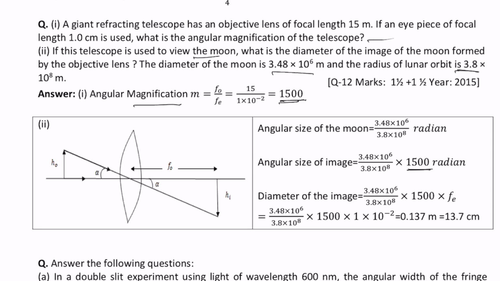So the diameter of the image is this into FE, the focal length of the eyepiece. So this is the value, it should be 13.7 centimeter, correct? Actually it was in meter, but later converted to centimeter.